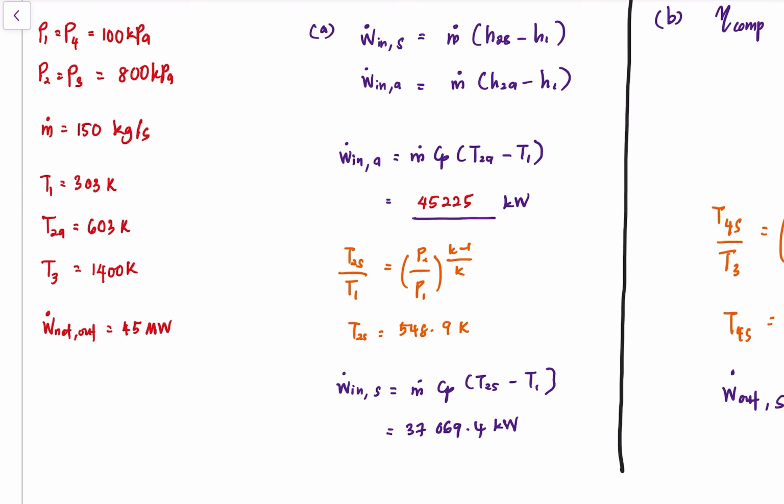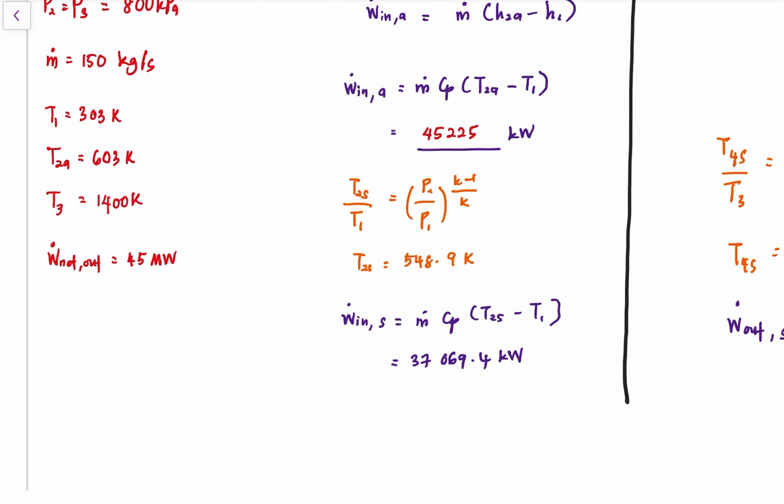Next is to determine the ideal power input by the compressor. In order to determine it, you already have the Cp, the m dot, and the T1, but you need to find T2S. T2S can be determined using this isentropic relation: T2S over T1 equals P2 over P1, power of k minus 1 divided by k.